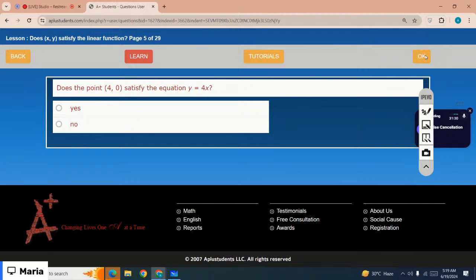The correct option is no, they are not equal. The correct option is no. (4, 0) does not satisfy the equation, so the correct option is no.